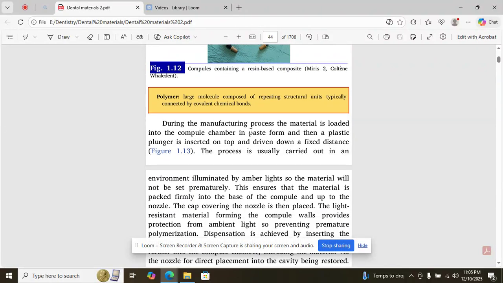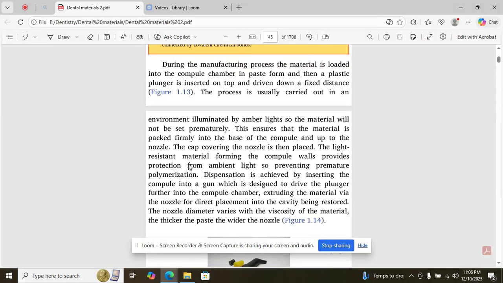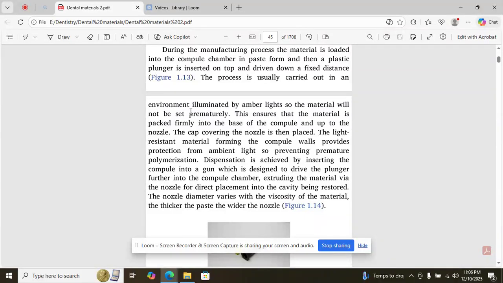During the manufacturing process, the material is loaded into the compule chamber in paste form, and then a plastic plunger is inserted on top and driven down a fixed distance. Figure 1.13. The process is usually carried out in an environment illuminated by amber light so the material will not be set prematurely.